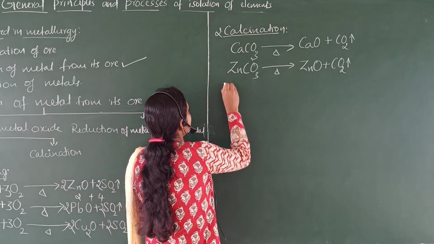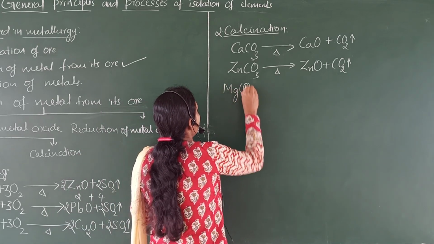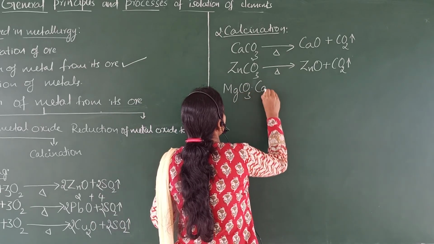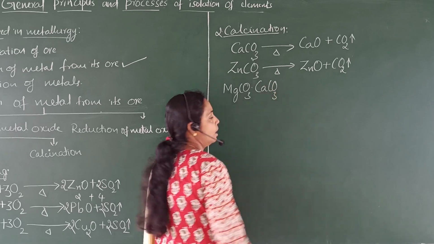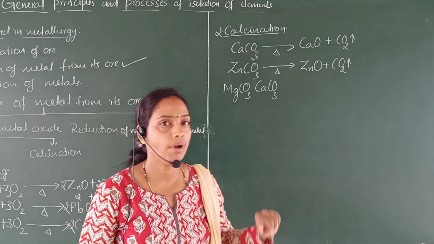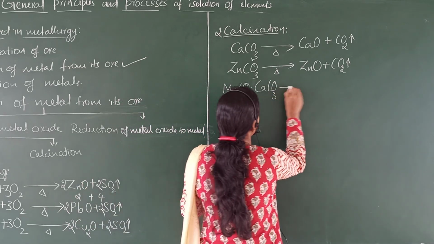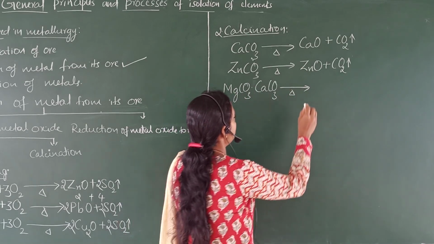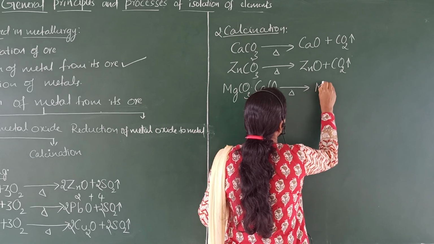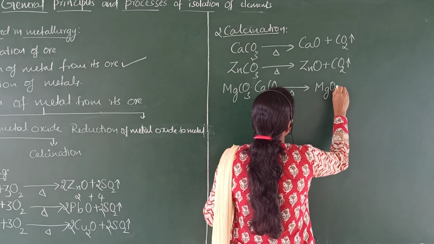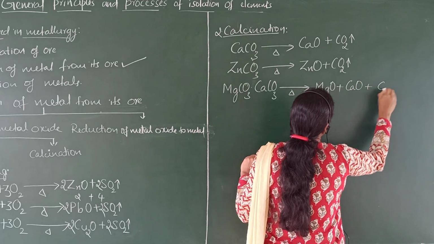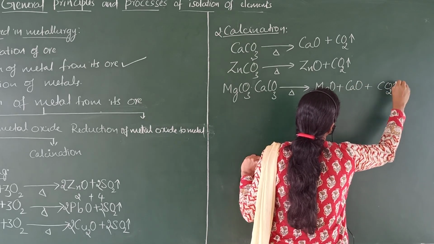Another one, a combination of 2 carbonate ores, magnesium carbonate and calcium carbonate. The common name of this is dolomite. When we heat this dolomite, it undergoes a decomposition reaction giving rise to magnesium oxide and calcium oxide with the liberation of carbon dioxide gas.